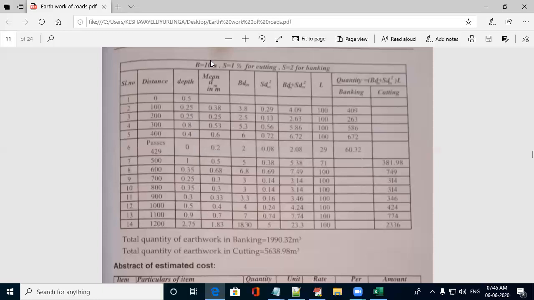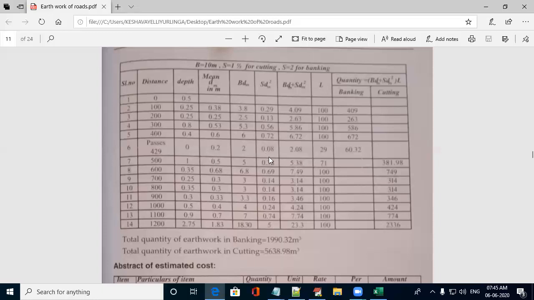Similarly, B into DM, 10 into this column, and S into DM squared. Be careful: up to 0, you have to take the S value as 1.5. DM is common, that means it keeps varying. But for the S value, up to 0 it is banking, so from this point till 0, including 0, you have to take S equal to 2.